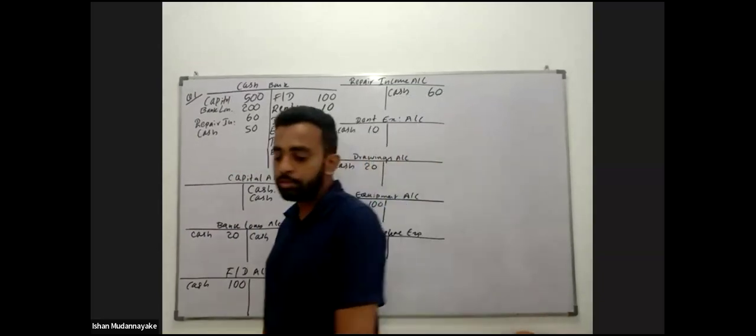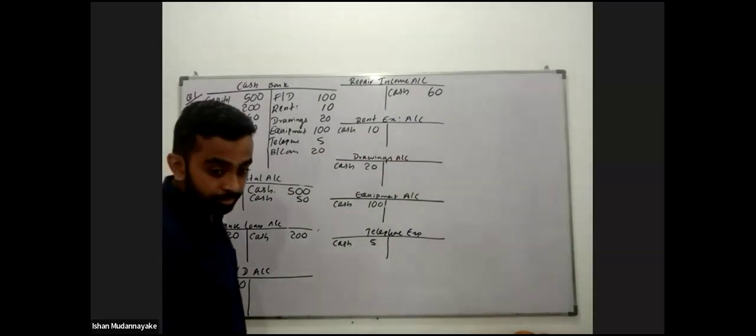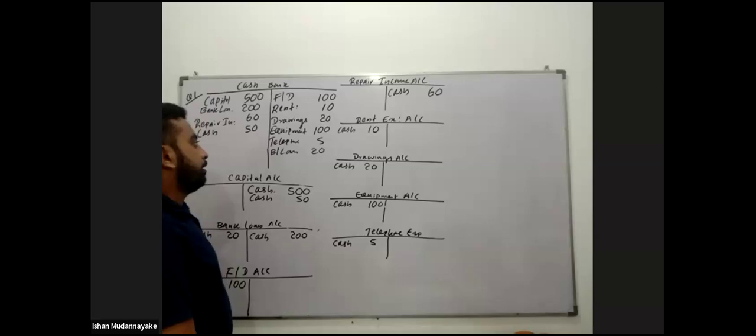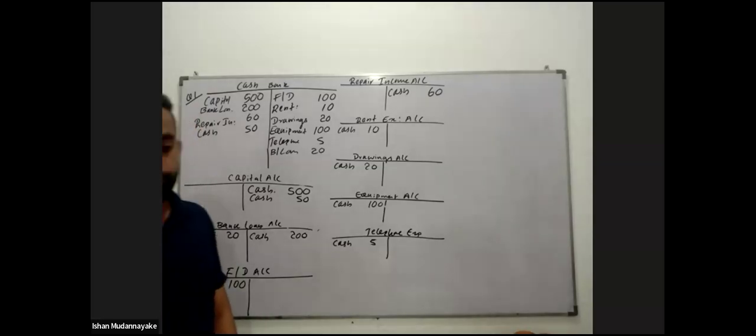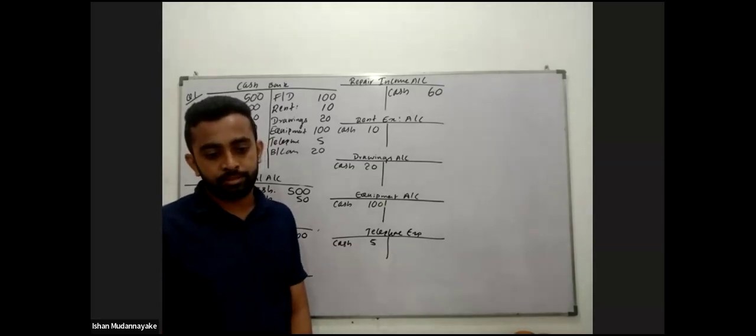Right. All the transactions are recorded in the ledger accounts. Now you can balance the ledger accounts. I think in O level you have learned how to balance ledger accounts, but I will explain again. After balancing all the ledger accounts, we will prepare the trial balance.